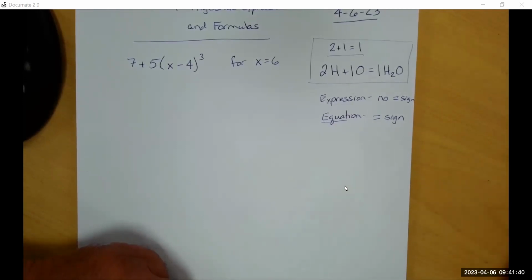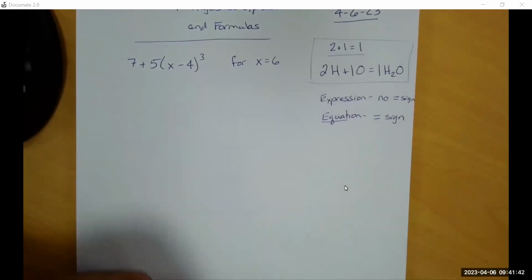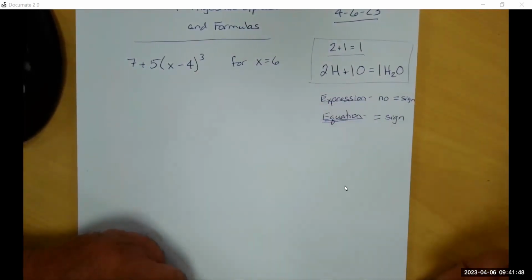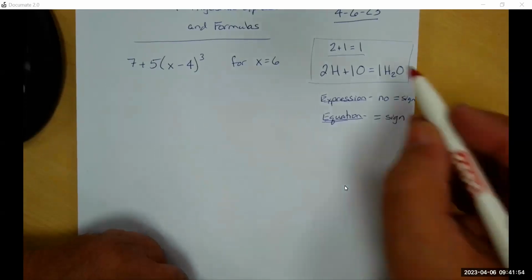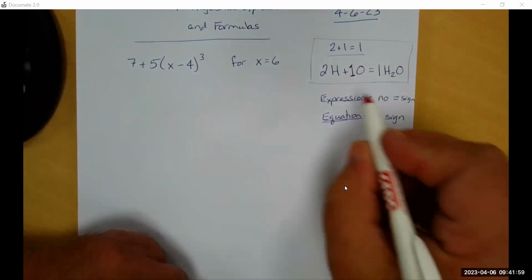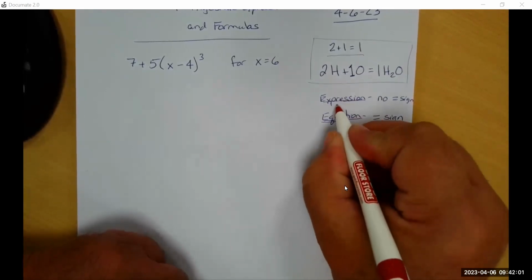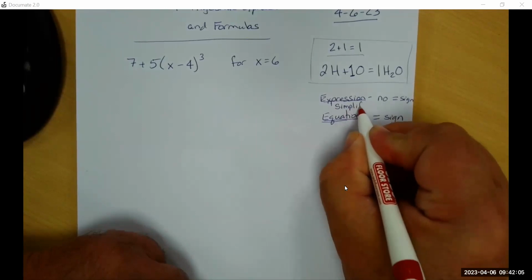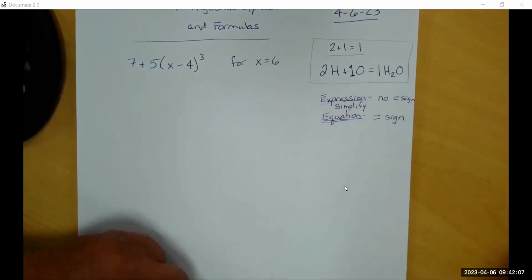And whenever you look at the homework assignments or the end of the section assignments, there are words associated with expression and equation. Whenever you have an expression, the only thing you can do is simplify it. Combine like terms. That's all you can do.